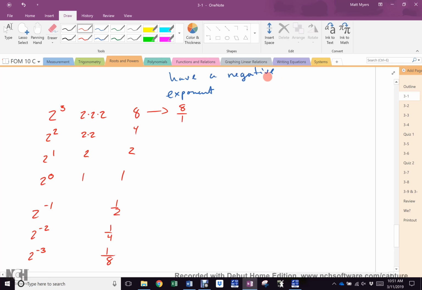So, the rule is x to the negative a is the same as 1 over x to the positive a. The exponent stays the same, but it becomes positive. Is everybody good? No, do not say that. And I'm about to show you why.